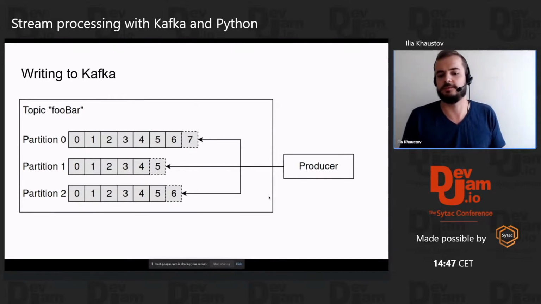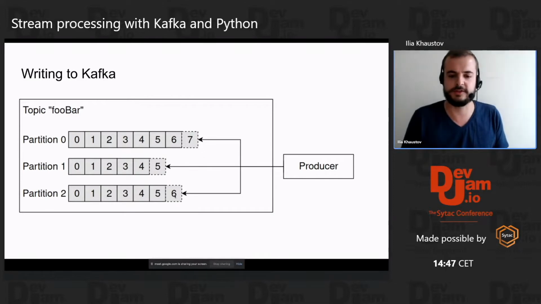To put it simply, it makes a hash from a key and divides with remainder by the number of partitions. So it's also important to identify correctly how many partitions you need.